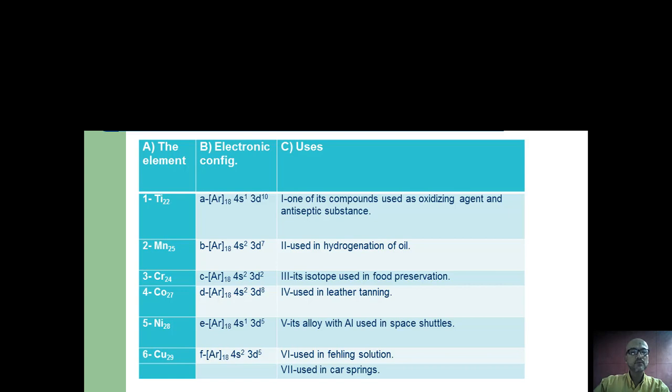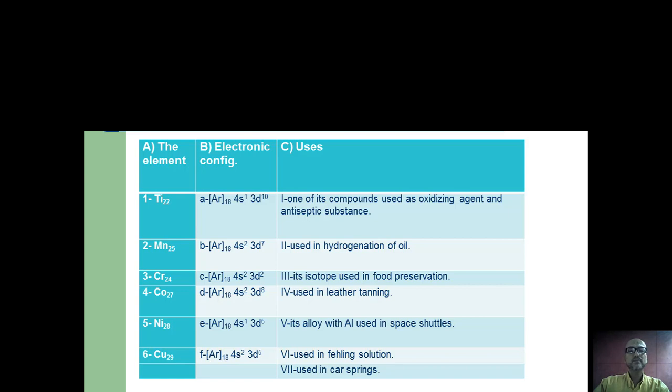Choice number F. Why? After argon 18, 4S2 3D5. Because if you add 18 plus 2 plus 5, it will be 25. So 2 with F. And the other choice, the third column C. Excellent.